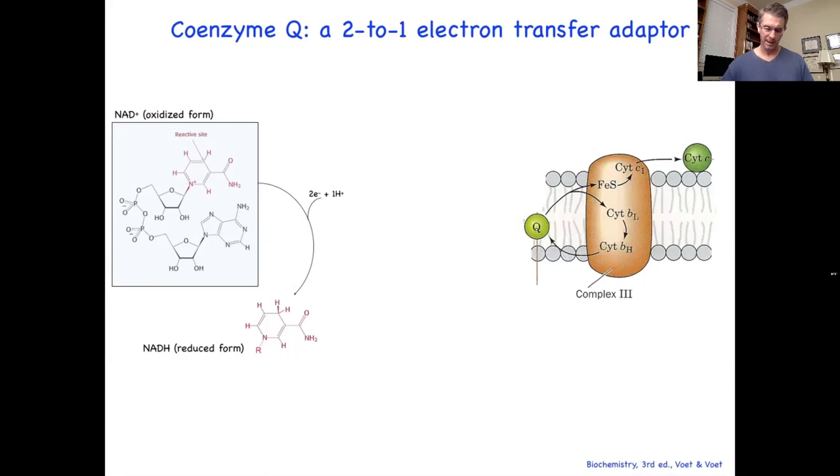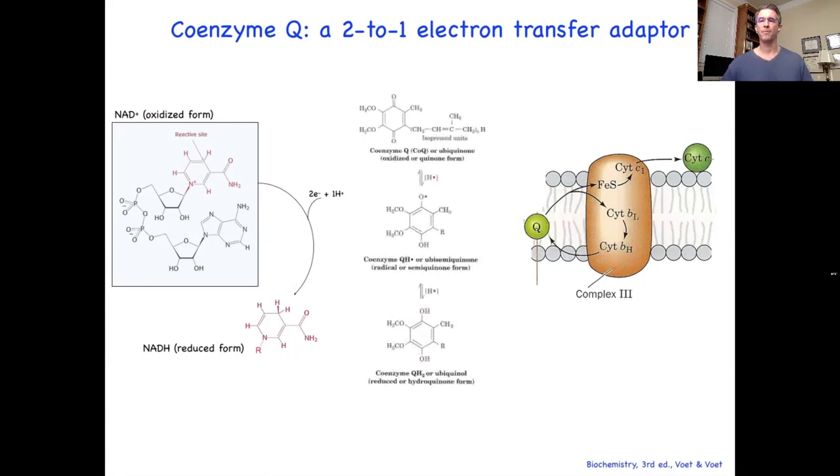The secret to this has to do with the semiquinone radical form that coenzyme Q can pass through, and the nature of this bifurcated electron transport process. You'll remember that coenzyme Q can form 2 different stepwise oxidation reductions.